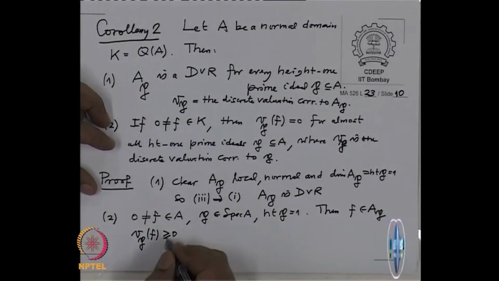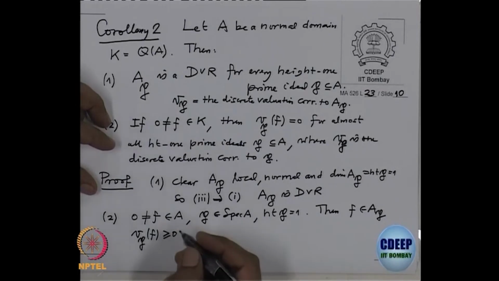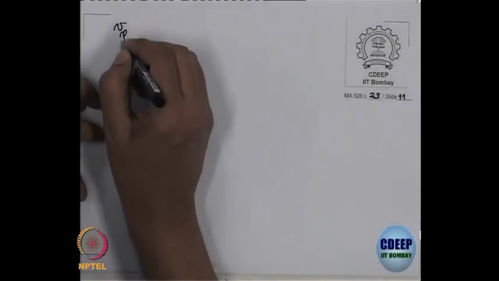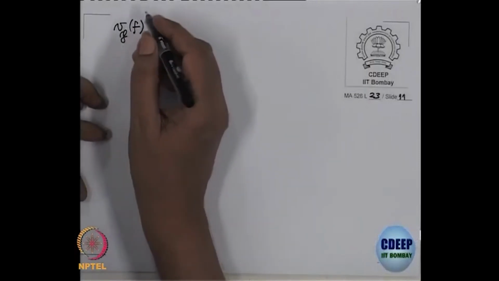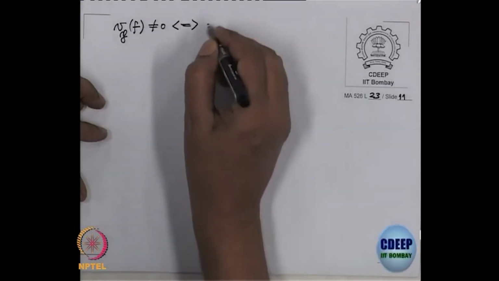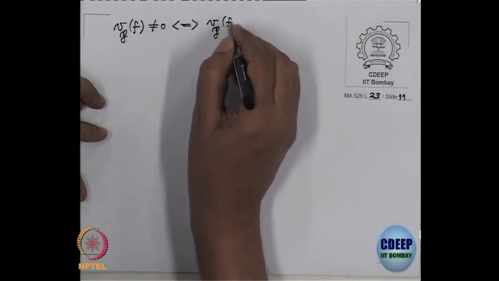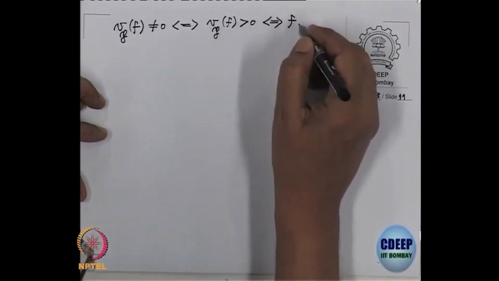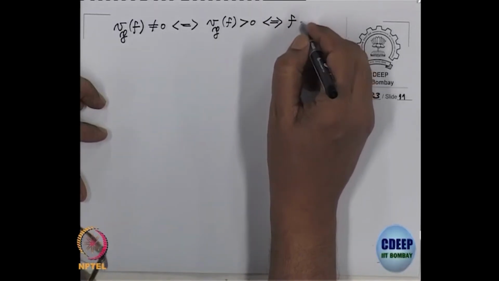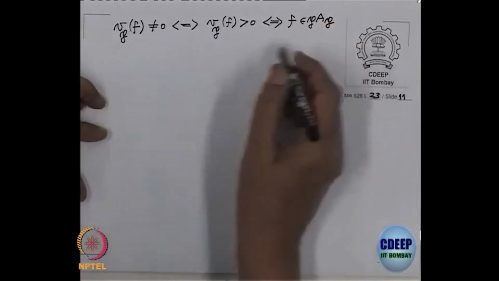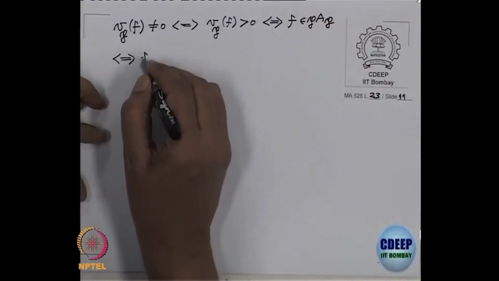But I want to show that it is 0 for almost all; what happens when it is non-zero. So, therefore, Vp of f is non-zero if and only if Vp of f is positive. That is, if and only if f belongs to the maximal ideal of AP, which is PAP. But that is if and only if f belongs to P.